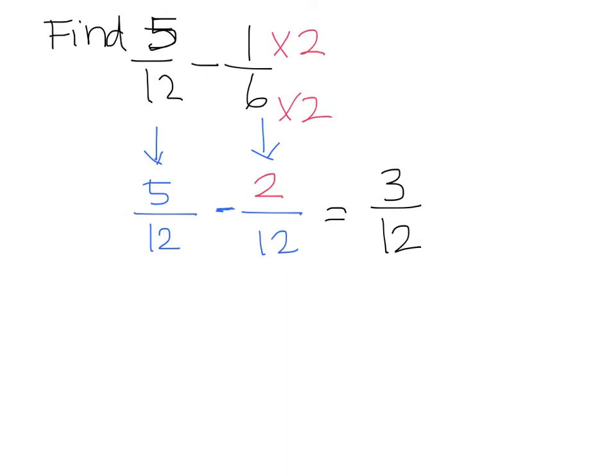Not 4. 3. Yes, very good. I wouldn't be able to do 4 because 3 divided by 4 doesn't go evenly. I could do the 12, but the 3 wouldn't work. So 3 divided by 3 is 1, and 12 divided by 3 is 4. And my answer is 1/4.